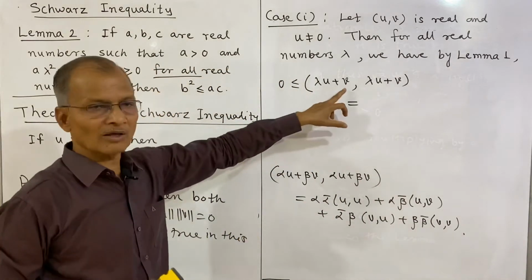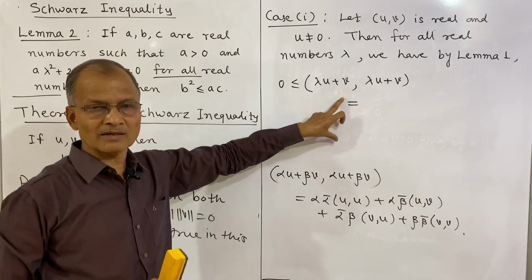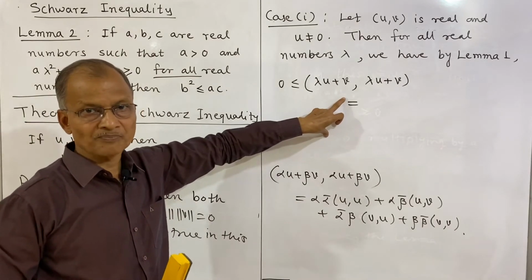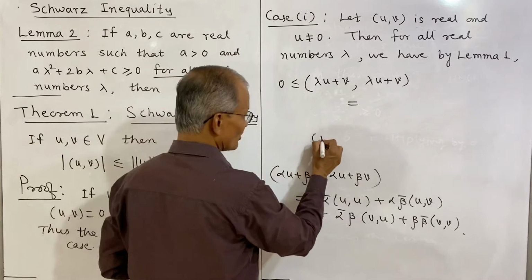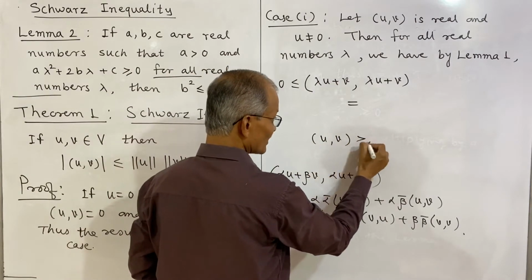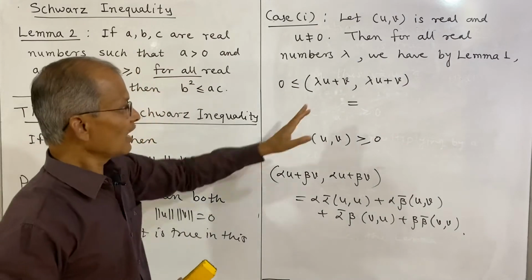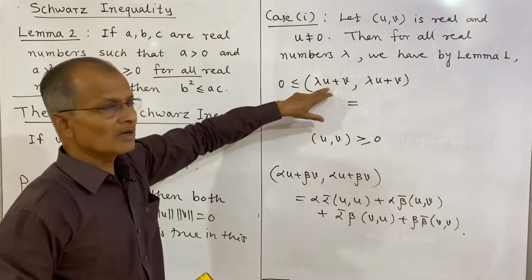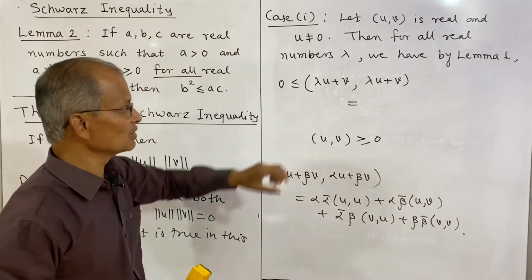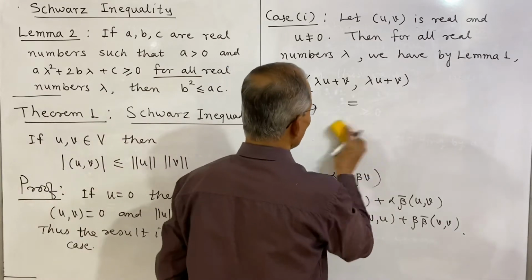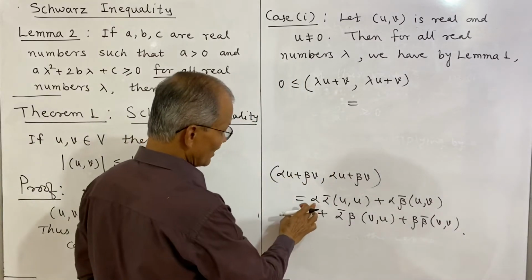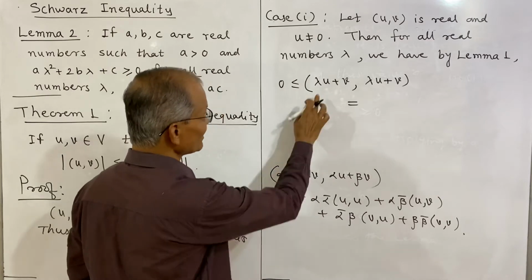Why is 0 less than or equal to this inner product? This is our second property in the definition: any inner product of u and u is greater than or equal to 0. That means 0 is less than or equal to any such inner product, and this is an inner product, therefore it is non-negative. In place of alpha here it is lambda.